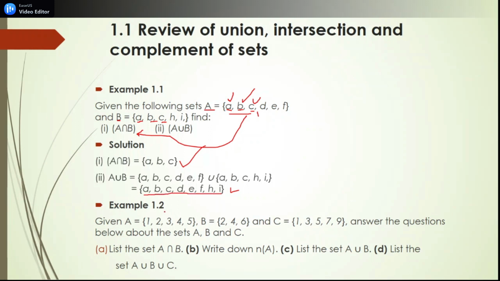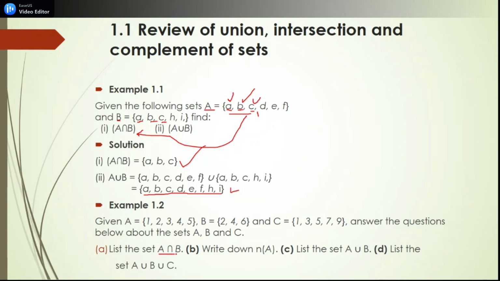We have another example. Second example. Given A is equal to 1, 2, 3, 4, 5, B is 2, 4, 6, C is equal to 1, 3, 5, 7, 9. Then we are asked to answer questions concerning this example.